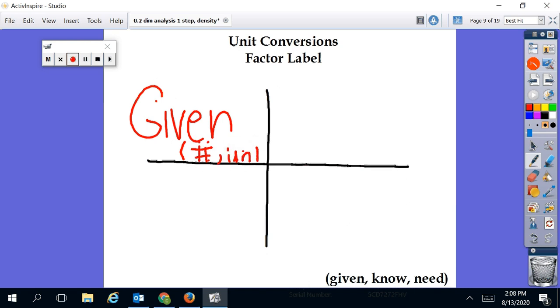Got to be both. Now, what you know is going to go on the bottom, and it's going to be the same units as the given, so we can cancel them out. So it's going to be the given unit.